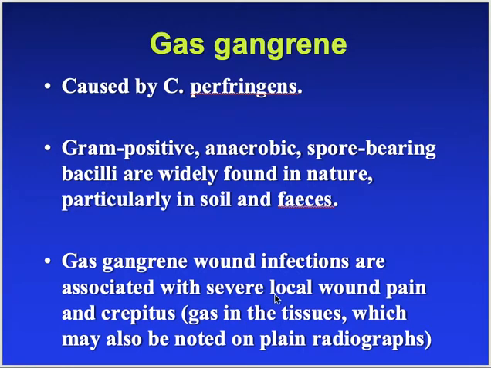Whenever they have gas gangrene, they have severe local wound pain and crepitus. That's why it is called gas gangrene, because there is gas in the tissues. The gas can be seen on the plain radiograph, and when we palpate it, there is crepitus over there.